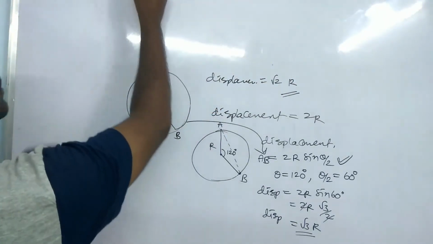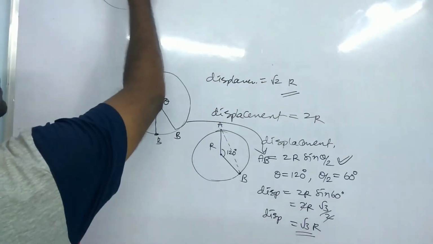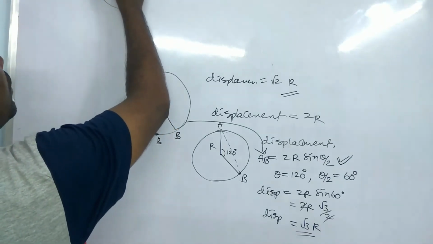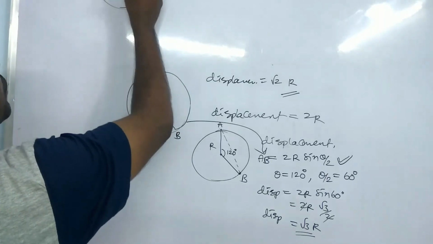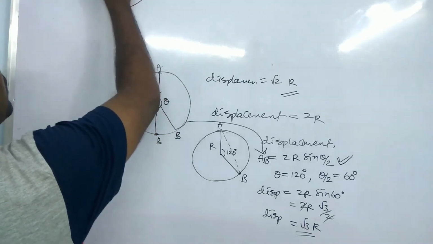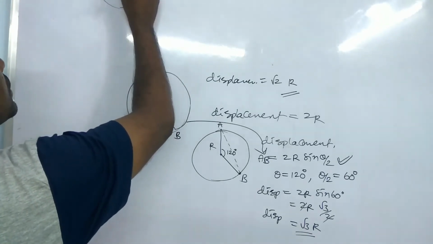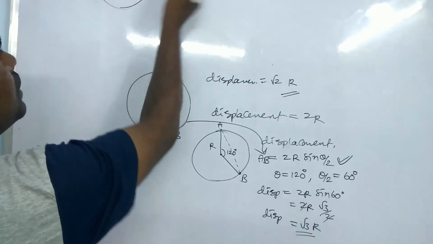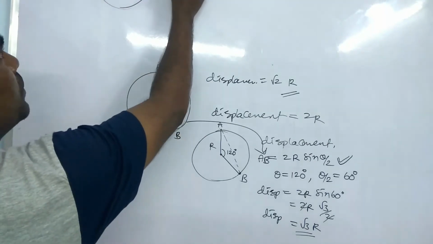Suppose a particle having radius r goes from A to B, making an angle theta. Here AB is the displacement.